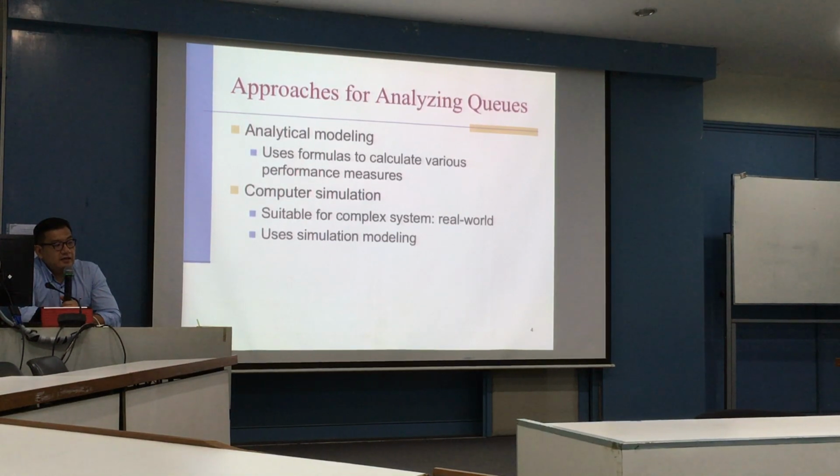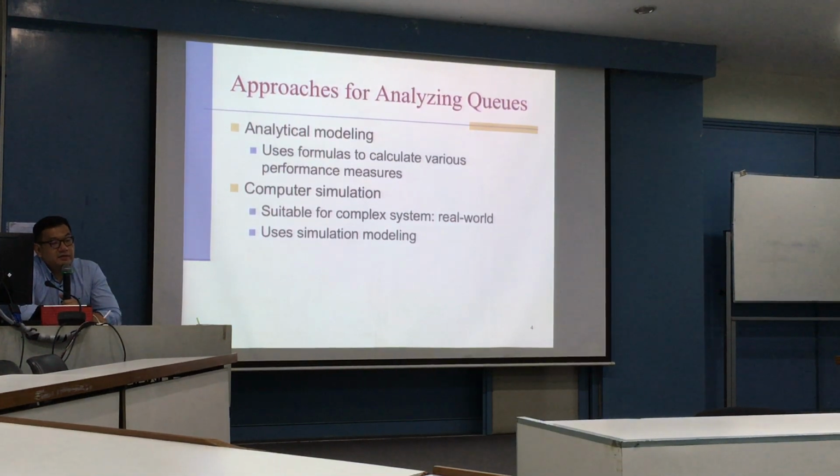Analytical modeling means you have the formula for the models. You just have some assumptions to use that formula, and then we just substitute the values into the formula and apply it to the business problem, right? And get the result. So this is what we're going to use in the queuing model in our class. We're going to use the analytical model.